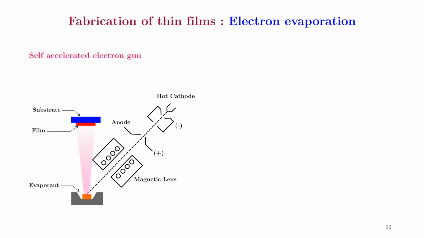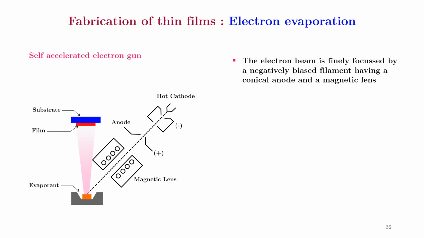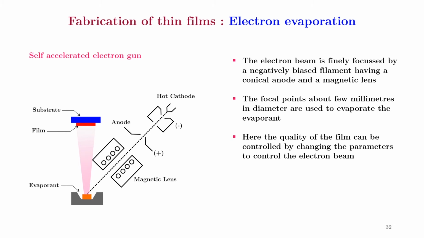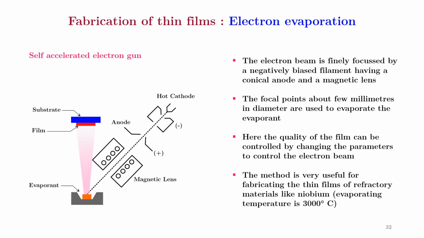The first one is a self-accelerated electron gun. In this case, the electron beam is finely focused by a negatively biased filament having a conical anode and a magnetic lens. The focal points, about a few millimeters in diameter, are used to evaporate the evaporant. Here, the quality of the film can be controlled by changing the parameters to control the electron beam.